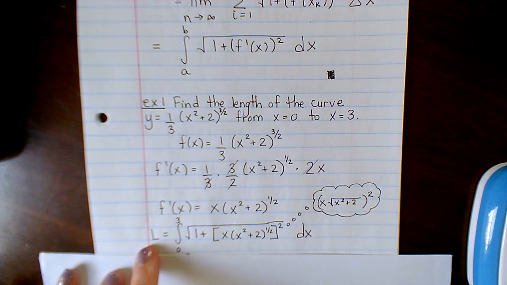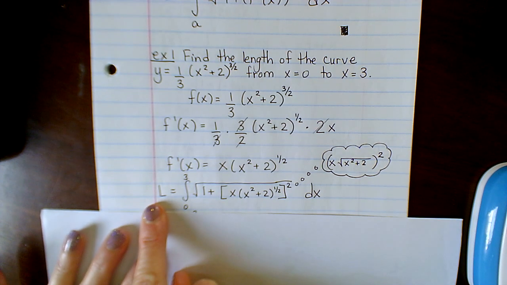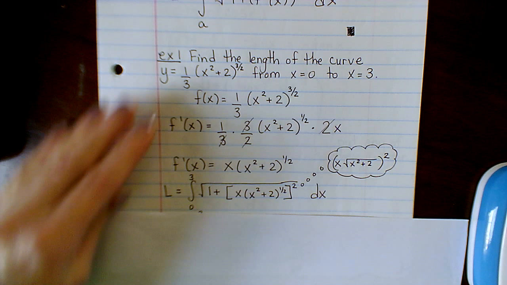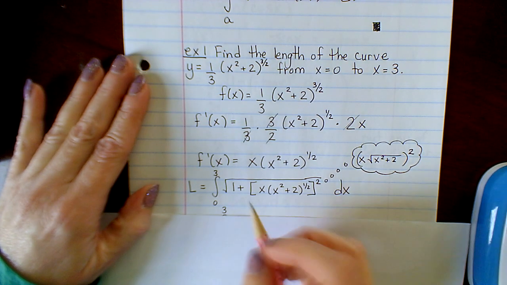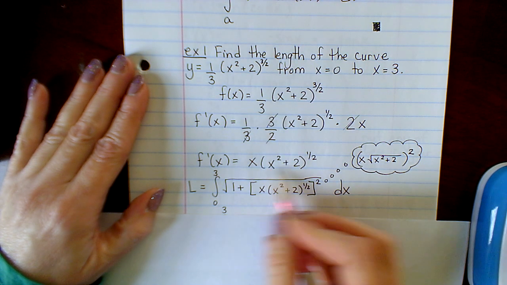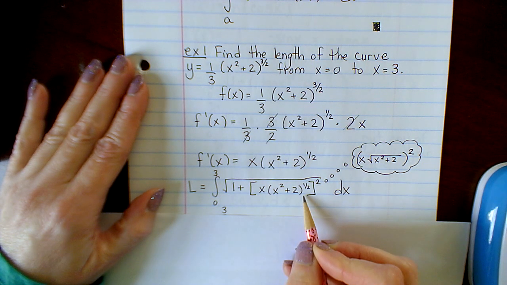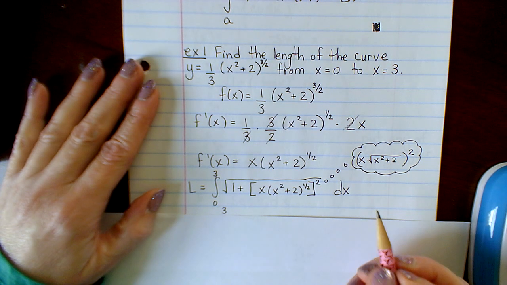So now I have to find the arc length. So here's my arc length formula. That's going to be the integral from 0 to 3 of the big fat daddy, square root of 1 plus the derivative squared. So here's the derivative I just found. Now remember, you can use your calculator on these.